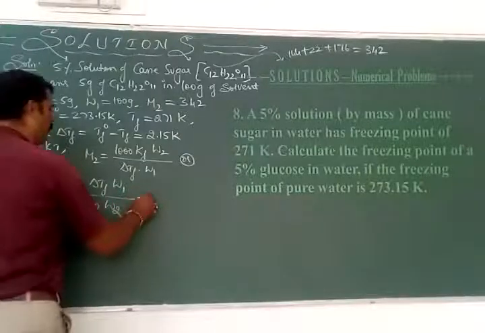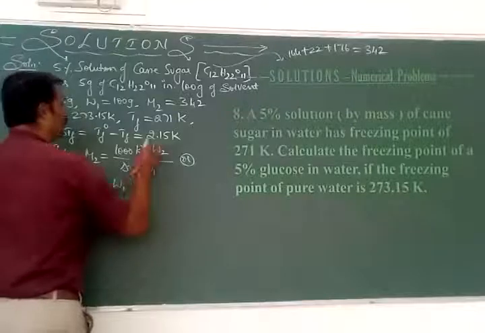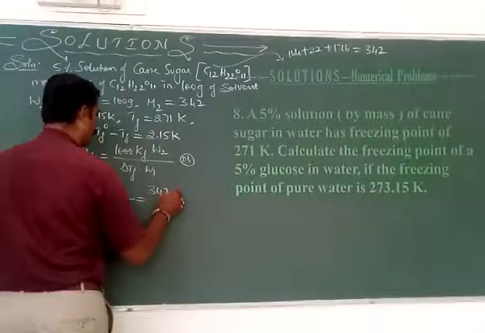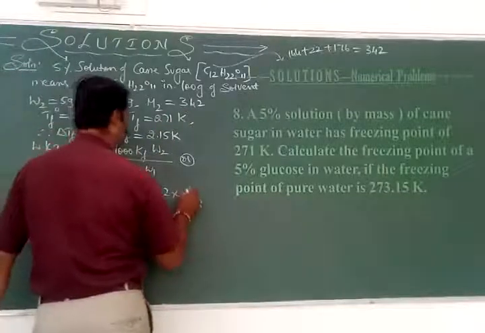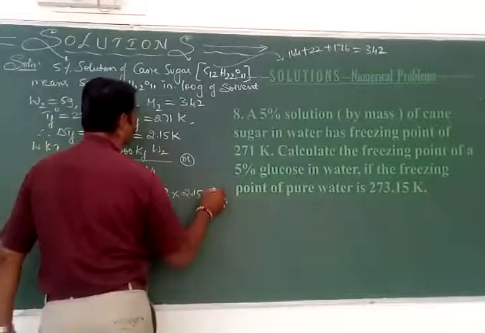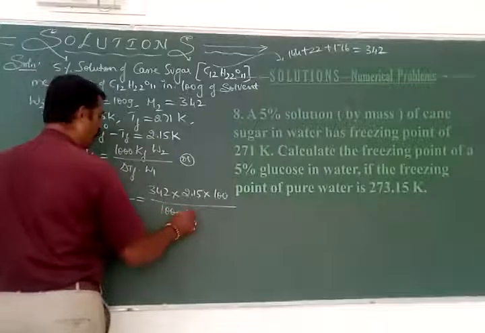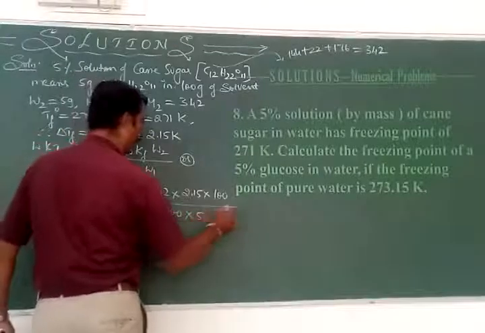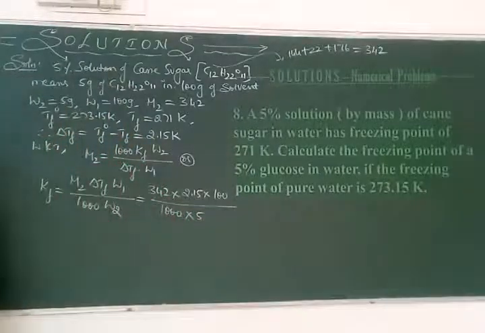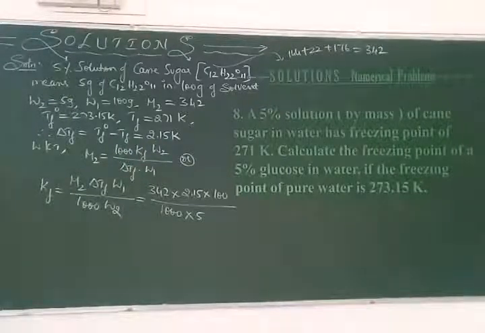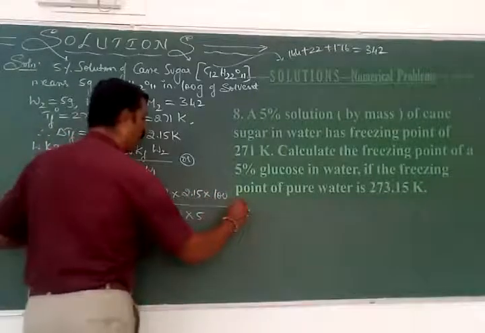So let's have the simplification first. What is M2 first? It is 342 in terms of gram per mole, and delta TF is going to be 2.15, into W1 which is 100, divided by 1000 into what is W2 here? W2 is equal to 5. So upon simplification, the value of KF that I have found is 14.706.